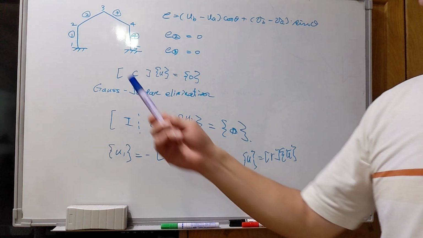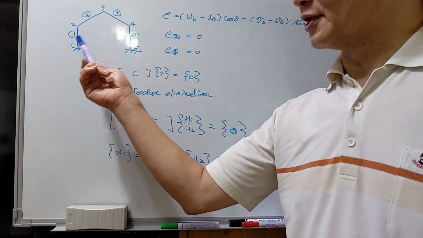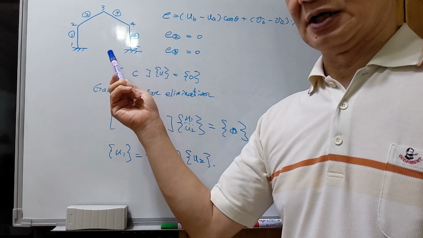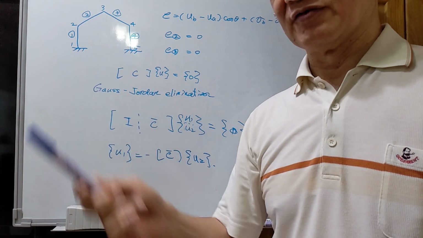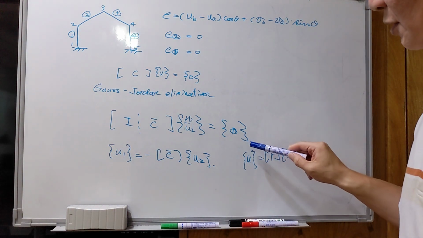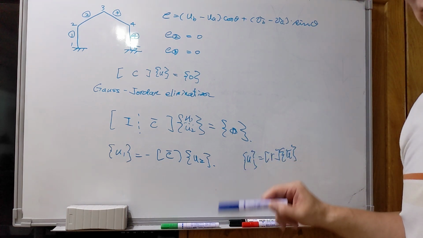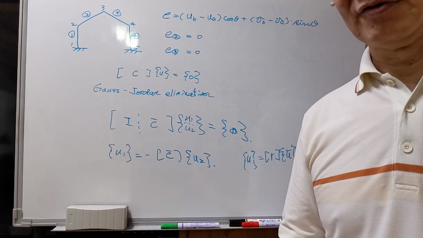You have U1, V1, theta 1 for node 1, until the last, U5, V5, and theta 5. So the complete global displacement vector includes a total of 15 variables.